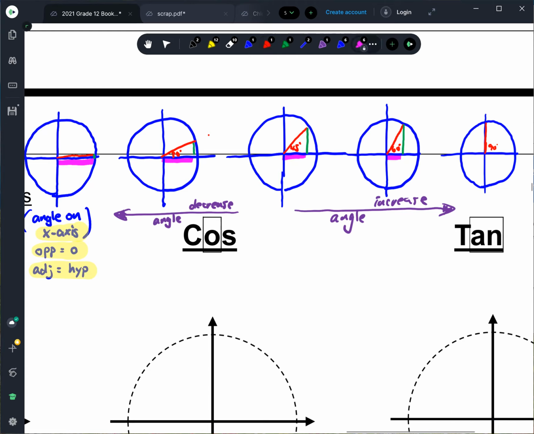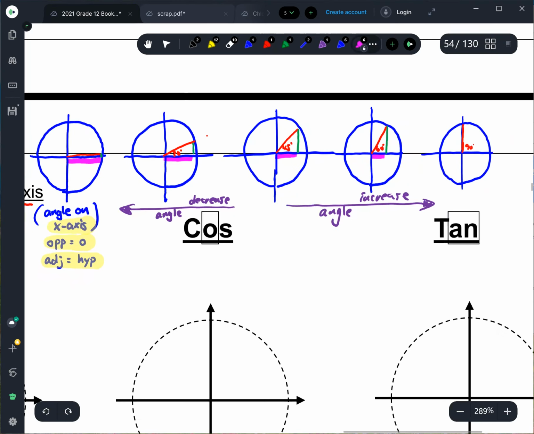The hypotenuse? Hypotenuse is always there. Hypotenuse is the red line. Is it the opposite? As the angle increases, look at the picture. Angle increases, which side keeps on getting shorter? Adjacent, right?